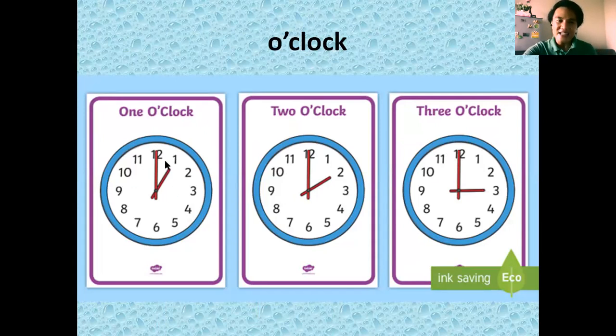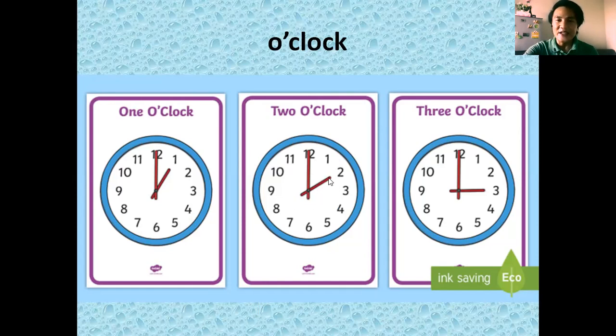Now, if I ask you, in this clock, is it 2 o'clock? The answer is no, no, it isn't. How about this clock? Is it 3 o'clock? No, it isn't.